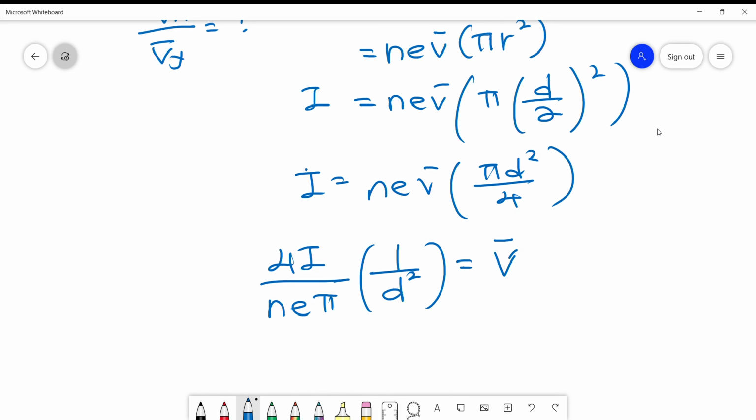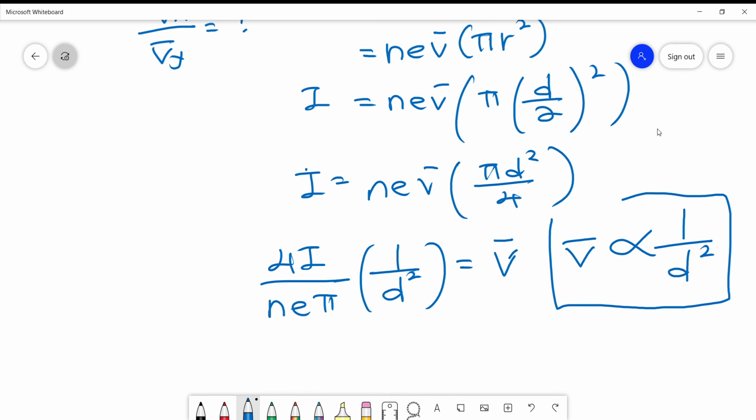Let me check for a while. Yes, the expression is correct. From here I can see that my drift velocity is inversely proportional to the square of the diameter.